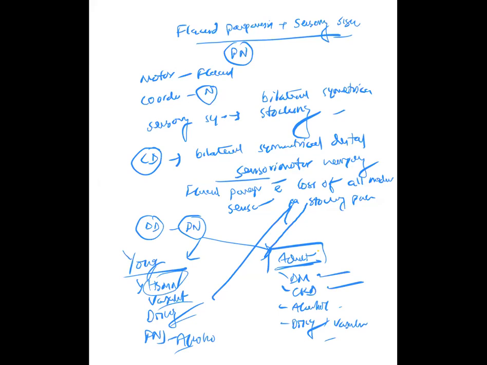Okay. So regarding the investigation, here what I will do, again, I will do NCS and EMG to confirm this is a nerve problem, to confirm this peripheral neuropathy and exclude myopathy. Okay.